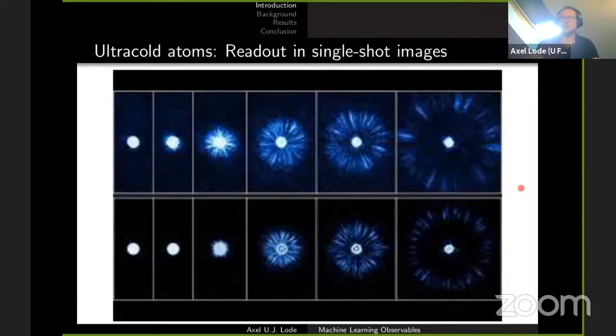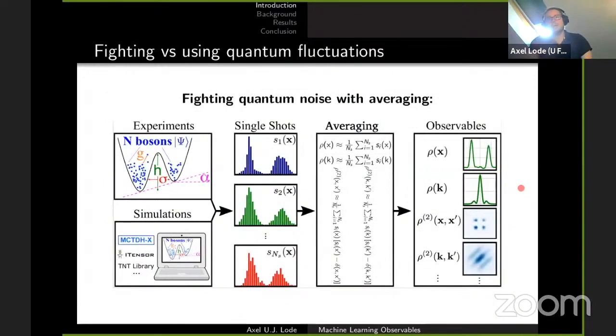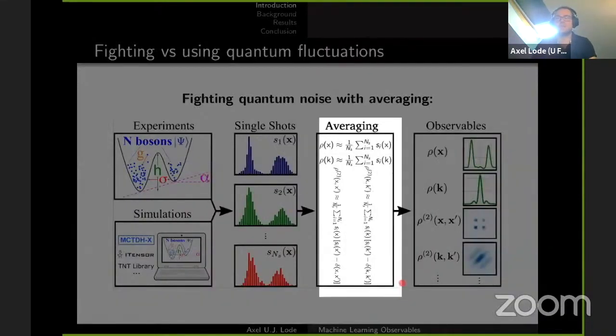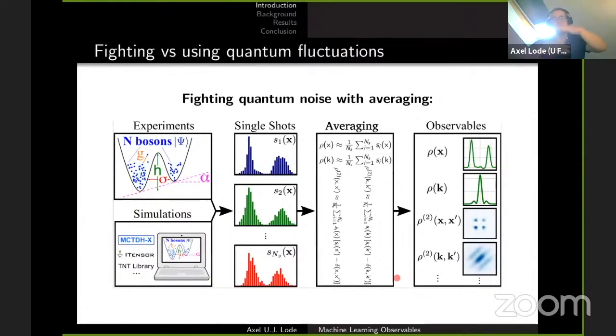So let's be a little bit more formal. In a nutshell, the conventional way of extracting distributions of observables from single-shot images is these averaging formulas. So the experimentalists take many images and then they stack them together and make an average, and they extract the sought distribution of the observable that they want, for instance the probability to find particles at a certain position in space.